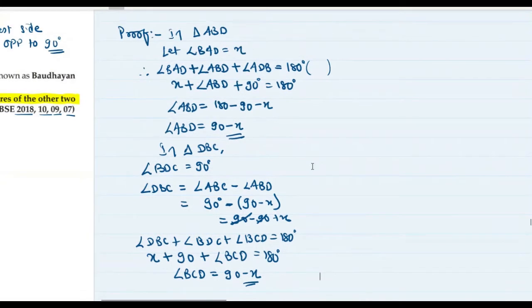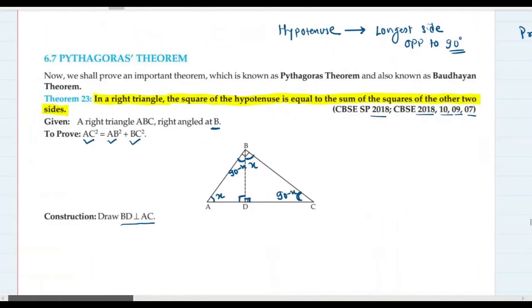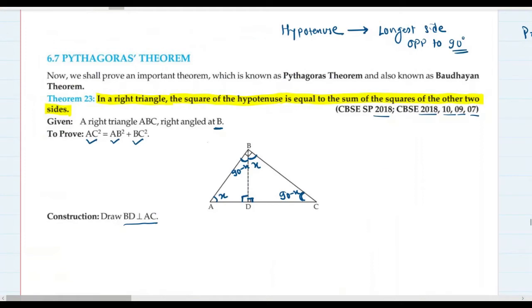Okay, great. So everything in one space. This is the working for finding all the angles of triangle ABD and BDC. So I've marked all the angles in the figure over here.